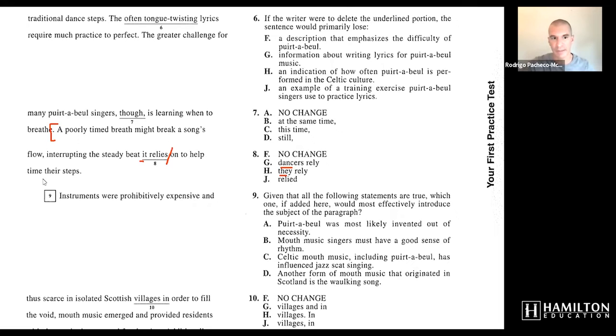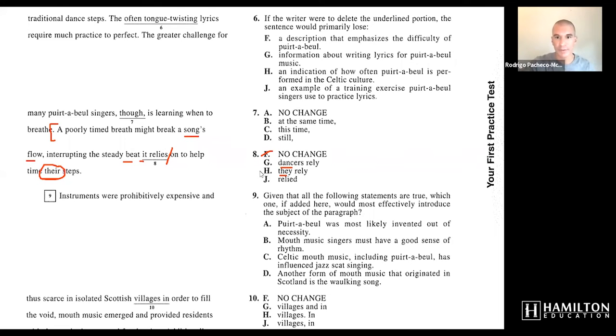Because we see that the sentence introduces a new pronoun, and this is a plural possessive pronoun. But so far, we've only talked about things that are singular. So a song's flow, a beat. So there's so far nothing in this sentence that this pronoun could be referring back to. So we can eliminate F, no change.